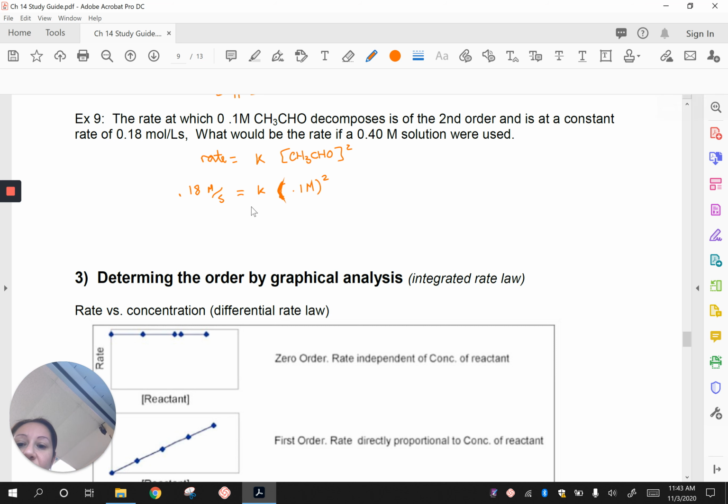So what I could do is solve for what K is and then plug it back in here with 0.4 molar to find what the rate is. So if I do this, I'm going to get K to be 18, and the units should be molar per second over molar squared, so it would be 1 over molar second.